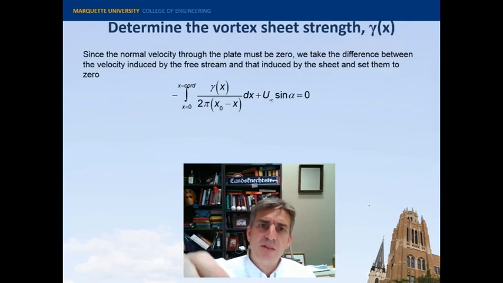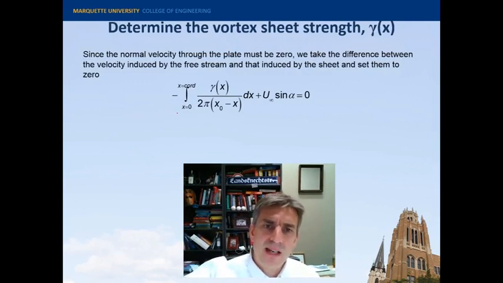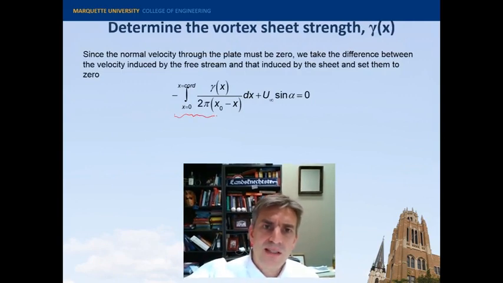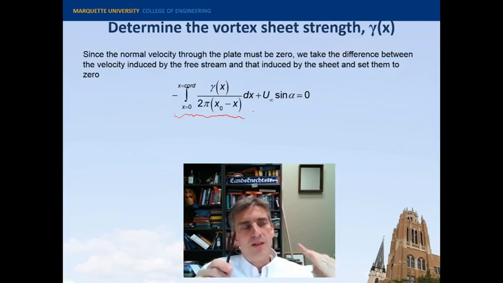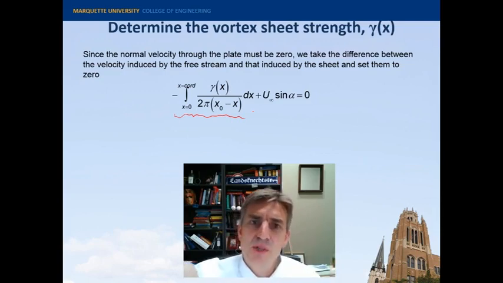As we mentioned before, the velocity in the y direction generated by the vortex sheet must exactly cancel the y direction velocity from the free stream. So that's what this is.